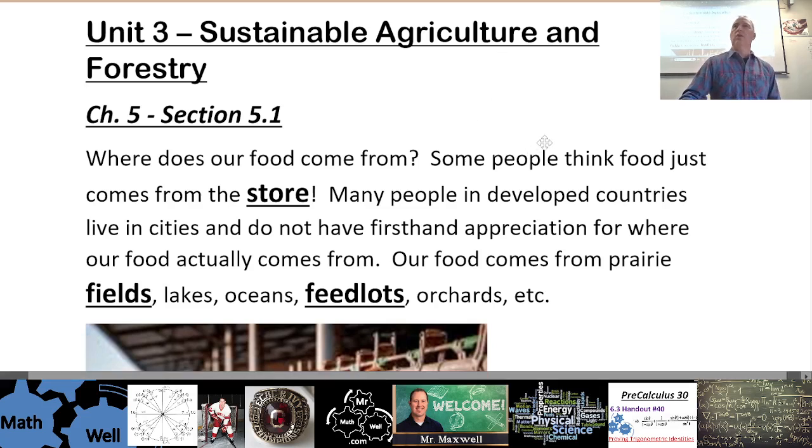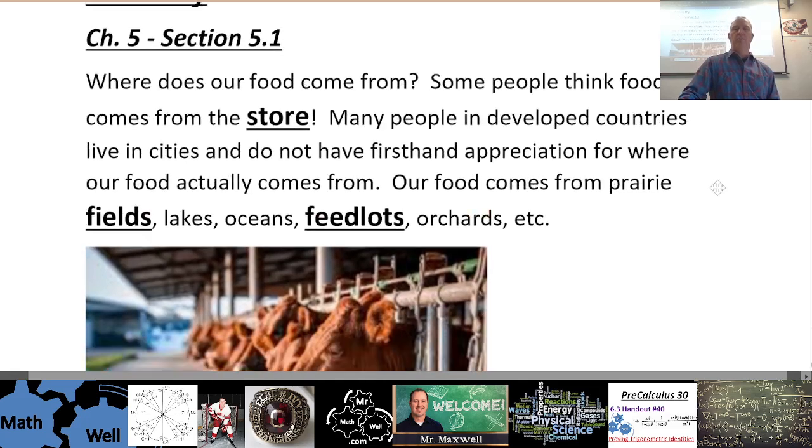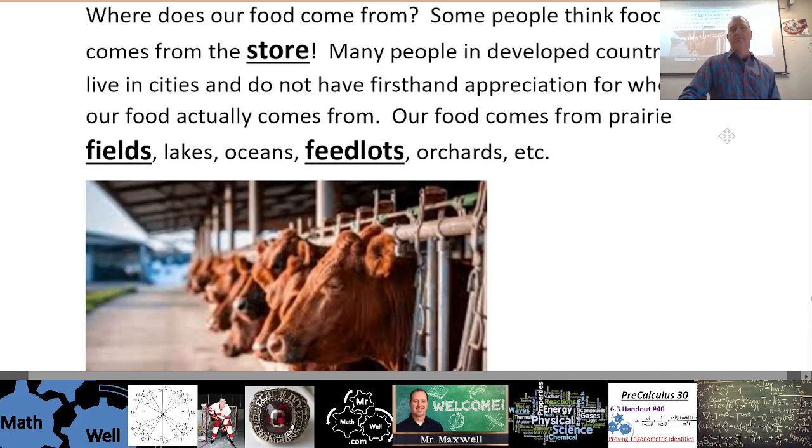But obviously, all food does not come from the store, right? Many people in developed countries who live in cities don't have first-hand appreciation for where our food actually comes from. Our food comes from prairie fields. So think about grain that is harvested on the prairie fields. It comes from lakes, the fish and aqua-based food.